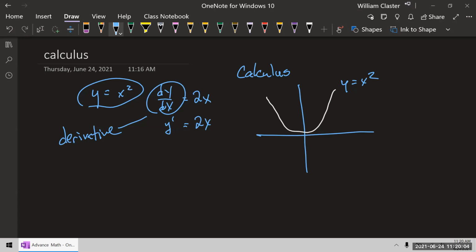Also, I think most people are familiar with the concept that if you have a circle and I say, here's a point on the circle, where's the tangent line to that circle?